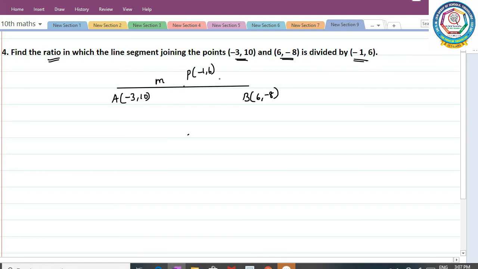The ratio we don't know. I'm going to take it as m is to n. So let the ratio be m is to n. So we have to apply the section formula. We can find the ratio by using the section formula.